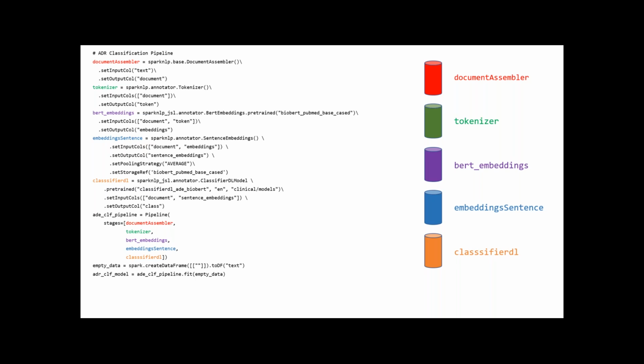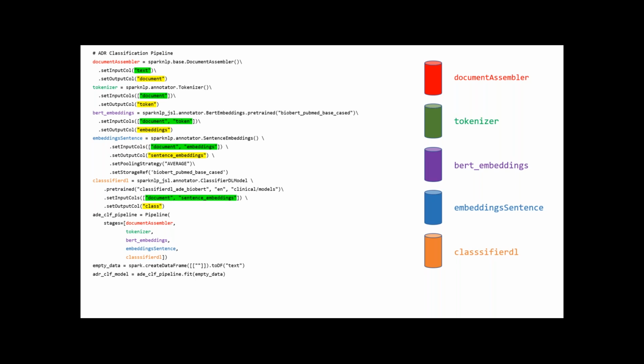Then we will apply the green one, that is the tokenizer, that will take this text and will split it into what we call tokens in NLP, something similar to words. Then the next one in purple is BERT embeddings that we will explain later. Then we will have the sentence embeddings in blue, and then finally we have the classifier itself that will tell us if this text is related with the ADR or is not related with the ADR.